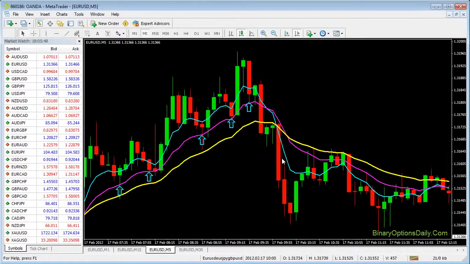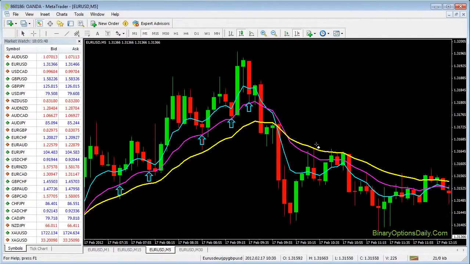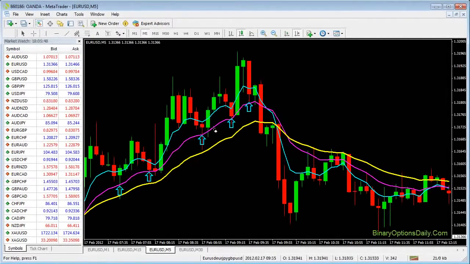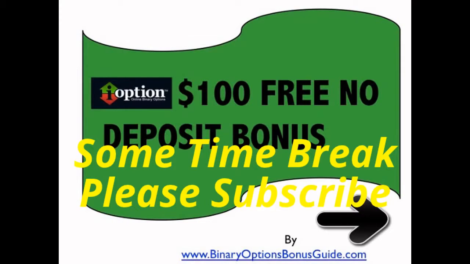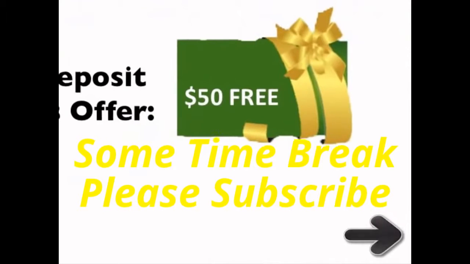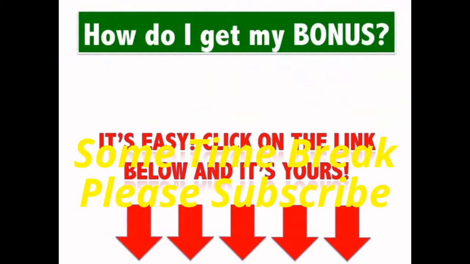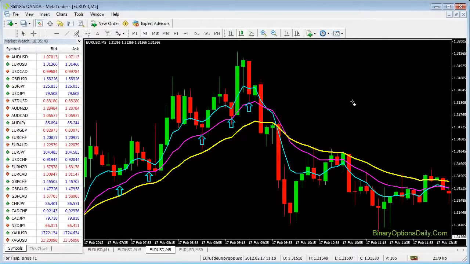So instead of the 6-period moving average being on top, we're actually seeing the 14-period moving average being on top. And to me, that basically signals that we've got a downward trend going on, especially with the 26-period moving average being on top. Exactly the opposite of what was happening over here.